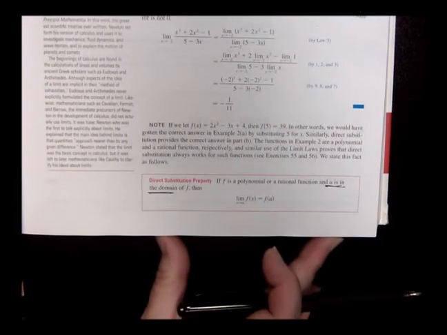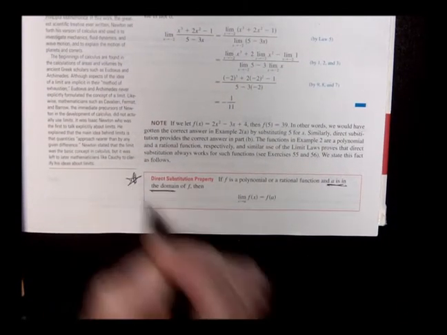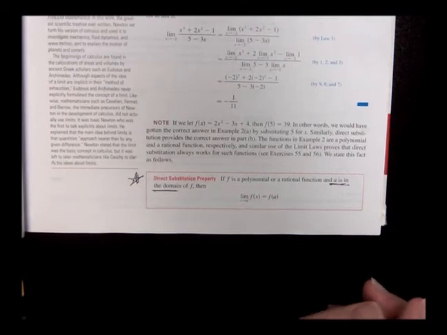But the key part of this section is discovering that we have direct substitution for certain limits.